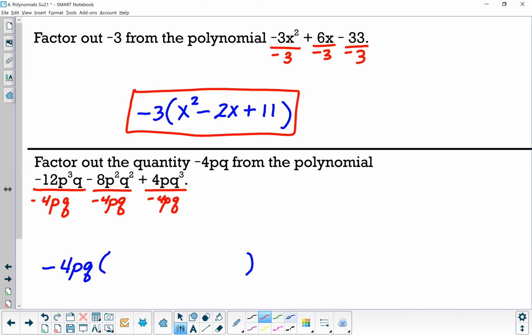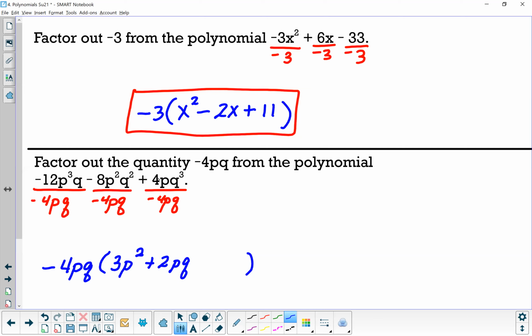So starting with the first term, a negative divided by a negative is a positive. 12 divided by 4 is 3. p³ divided by p to the first power, subtract your exponents. 3 minus 1, p to the second power. q divided by q is 1. All right, next we have -8 divided by -4, that's +2, so we have +2. p² divided by p to the first power, so we have p to the first power. q² divided by q to the first power, so we have q to the first power.